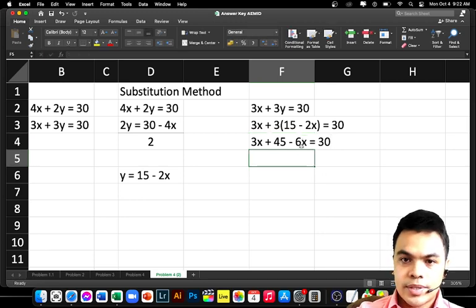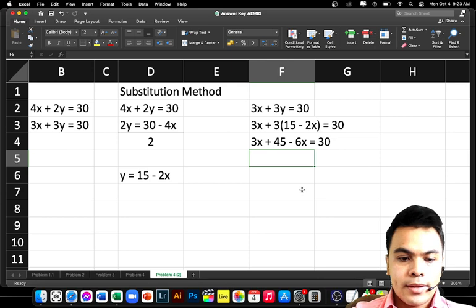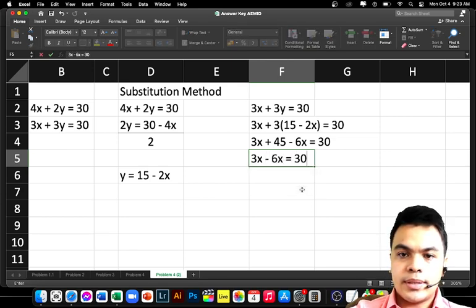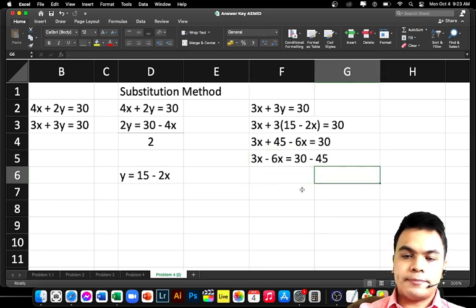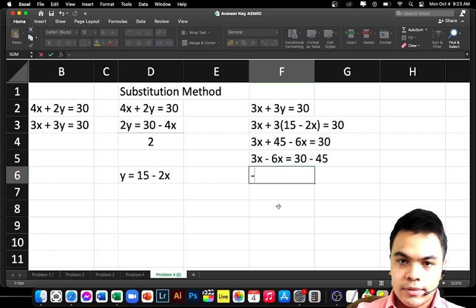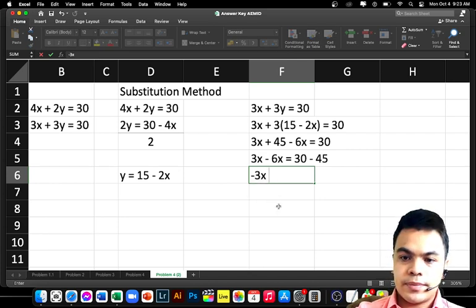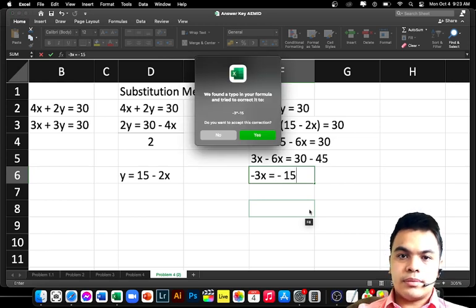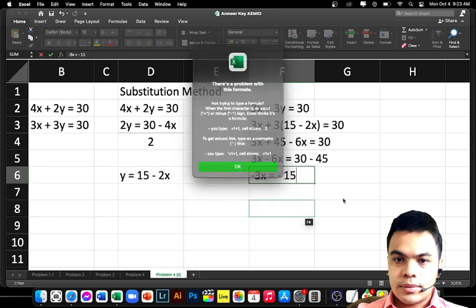Ayan. So, let's transpose this one. 3x minus 6x is equal to 30 minus 45. Ayan. This one, we have negative 3x is equal to 30 minus 45. That is negative 15.